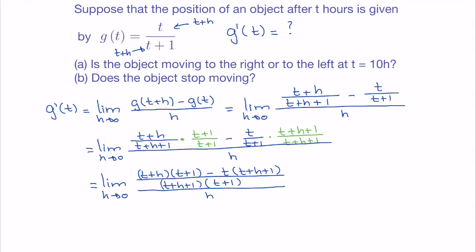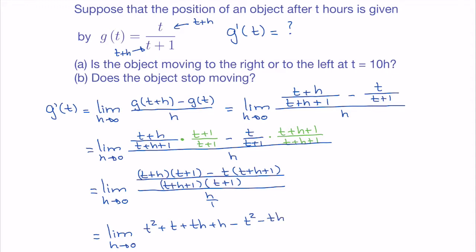And remember, the h has a 1 under it, and we again have a complex fraction. So we keep the numerator, which I'm going to distribute at the same time. So this is t squared plus t plus th plus h minus t squared minus th minus t, all over t plus h plus 1 times t plus 1.